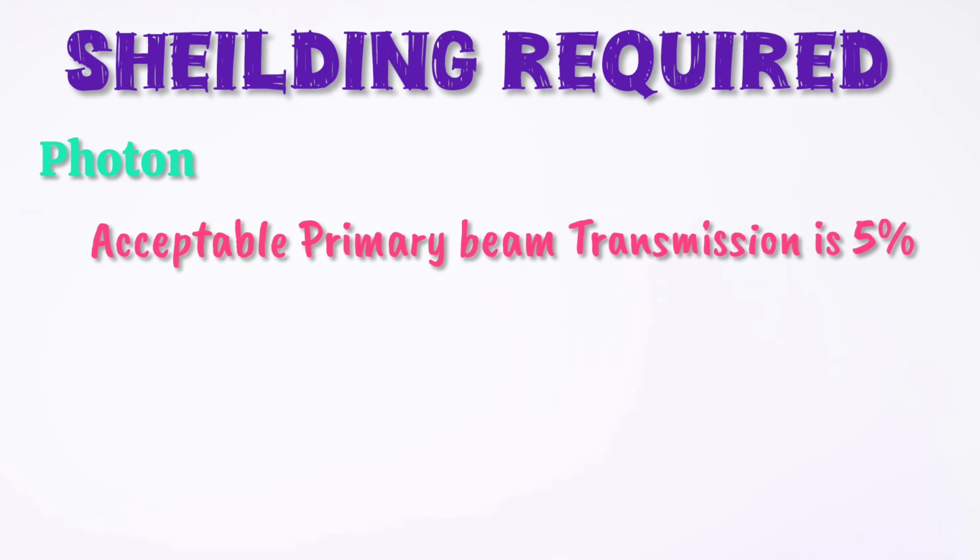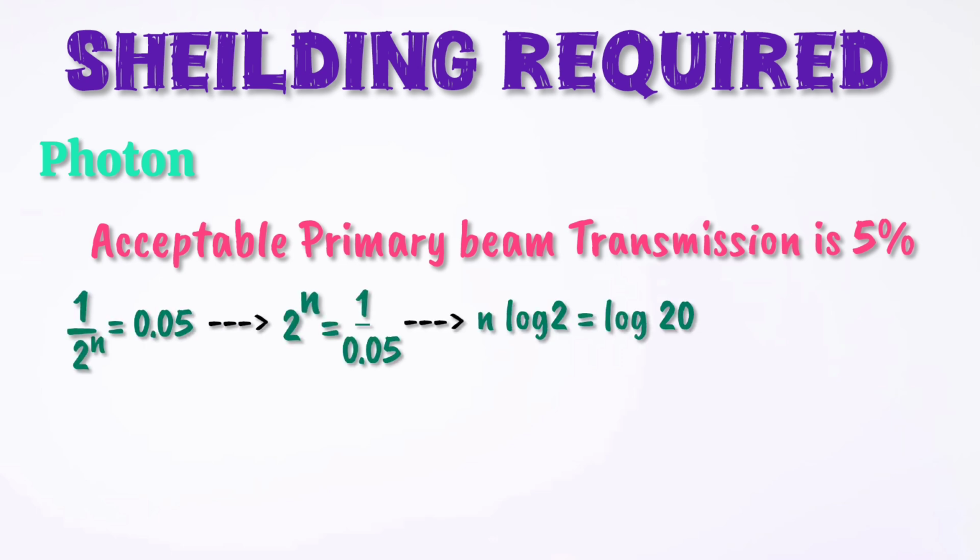Important data related to shielding required for photon and electron beam. For photon beam, primary transmission of 5% through the block is considered acceptable for most clinical situations. If n is the number of half-value layers to achieve this transmission, it is calculated by the formula.